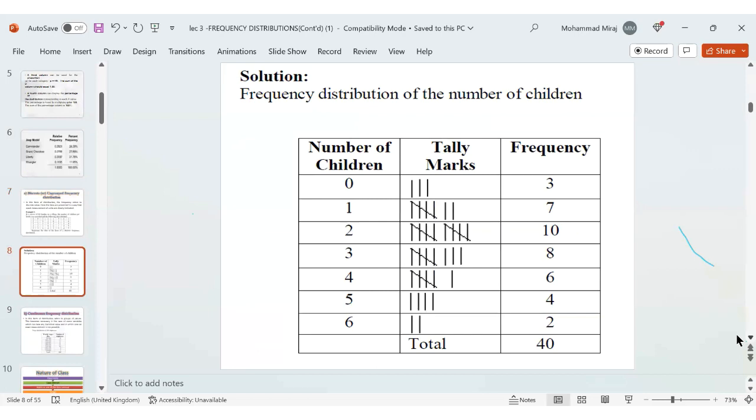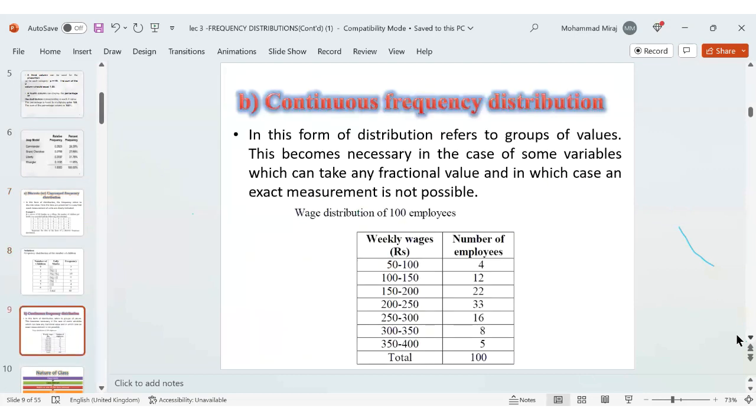That's why I told you, on the left hand side, zero child, one child, 2, 3, 4, 5, and then you make up a tally. In the tally, you put up the numbers in front of you and you can seek information. The same can be done for a country. The previous example was an example of discrete data because there is a specific number. Now the same thing can be done for continuous data.